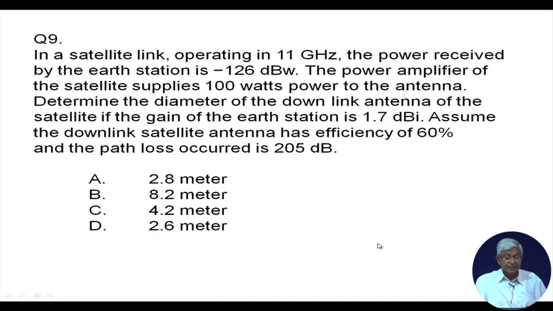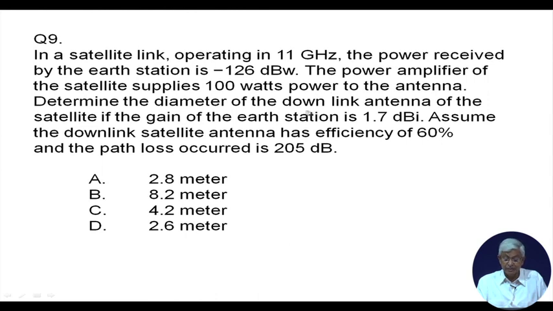Let us go to the other sum. In a satellite link operating at 11 gigahertz, the Ku band, the power received by the earth station is minus 126 dBW. The power amplifier of the satellite supplies 100 watts of power to the satellite antenna.